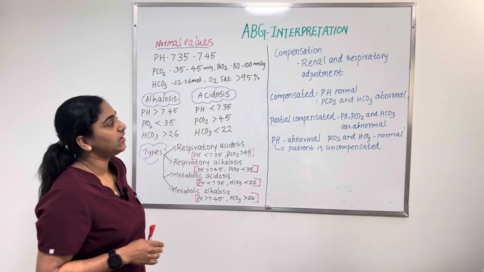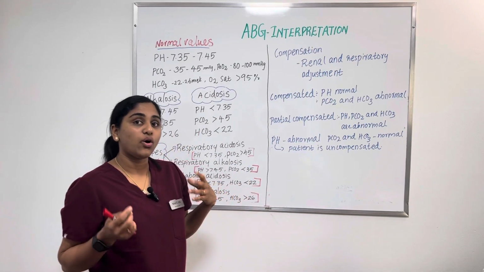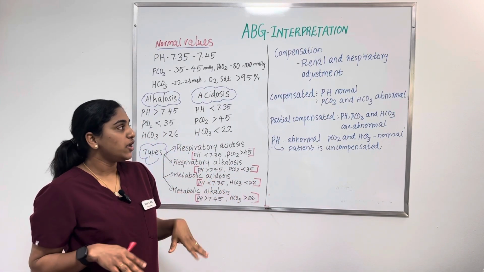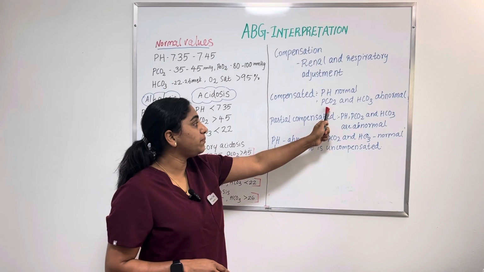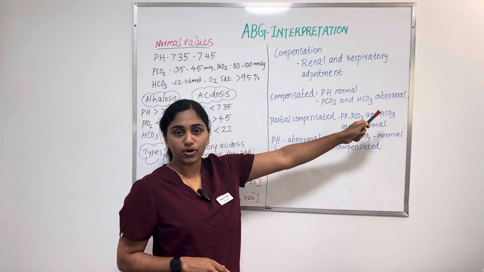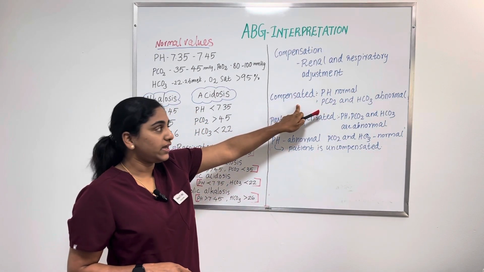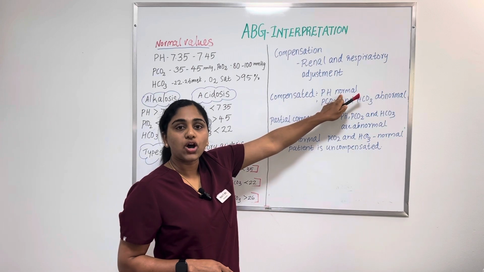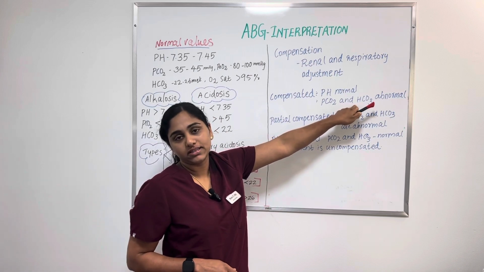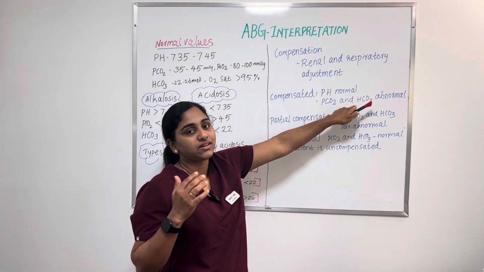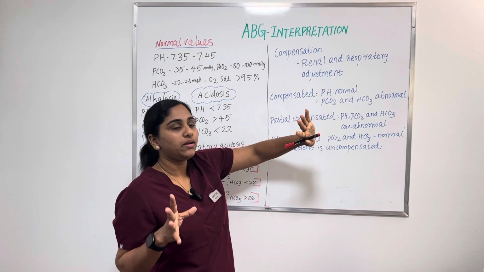So how can we see whether it is compensated or uncompensated in an ABG strip? When you get an ABG strip, if your pH is normal and the PCO2 and the bicarbonate are abnormal, that means the patient is fully compensated, because the pH is already normal, even if the carbon dioxide and bicarbonate are abnormal, because the body is trying to help the blood stay in the normal pH.